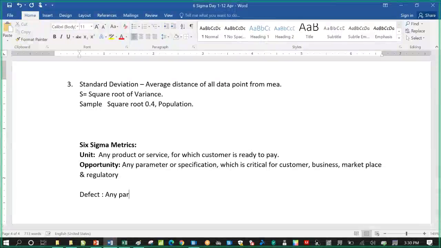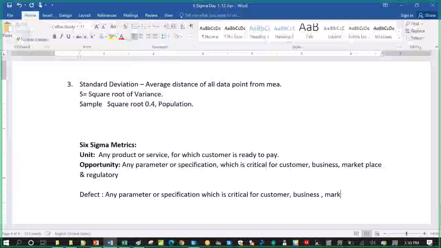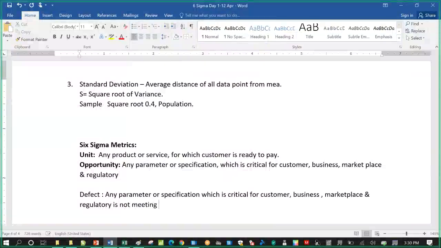Any parameter or specification which is critical for the customer, business, marketplace, and regulatory is not meeting the requirement, that is your defect.